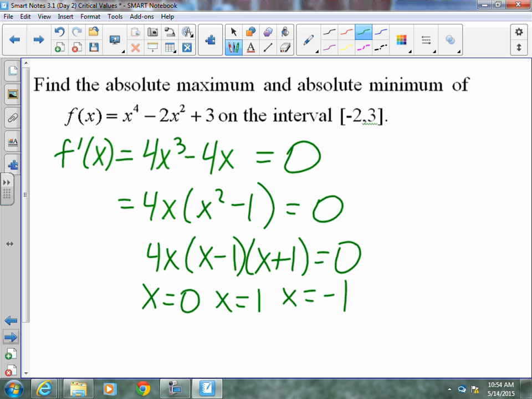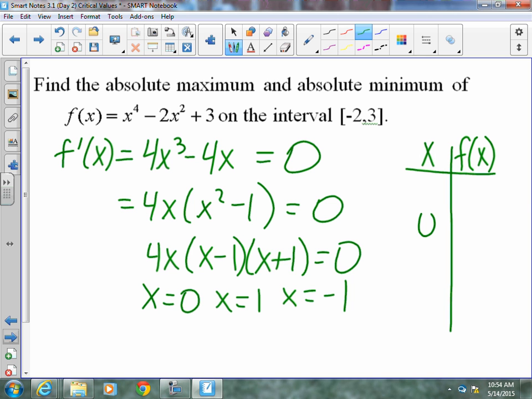Now, absolute maxes and mins can occur at critical values, but they can also occur at the endpoints. So what we need to do is find out how high or low these values are.